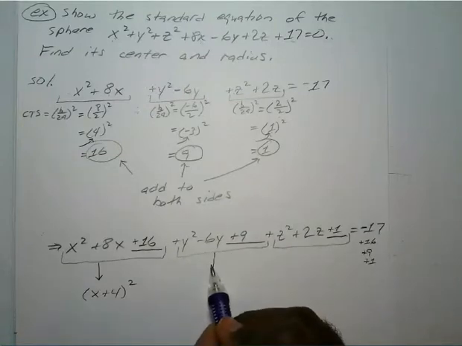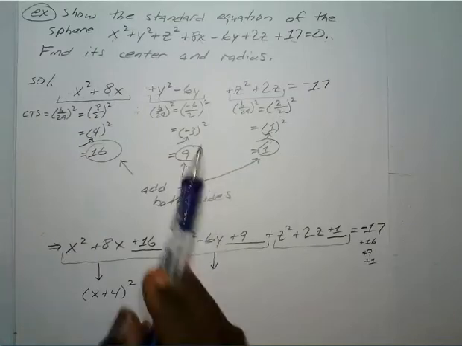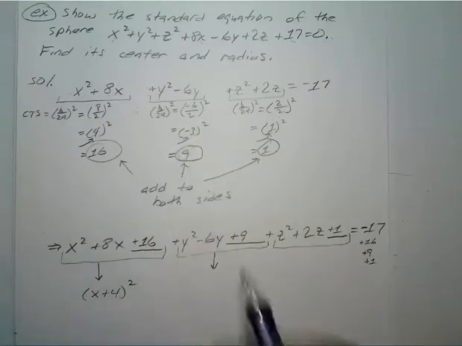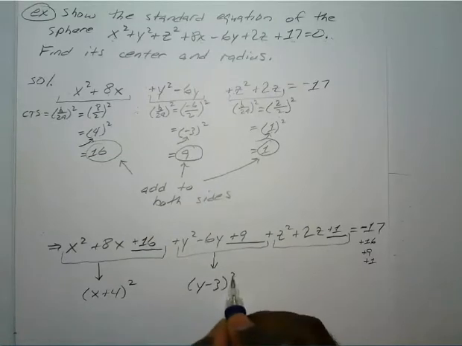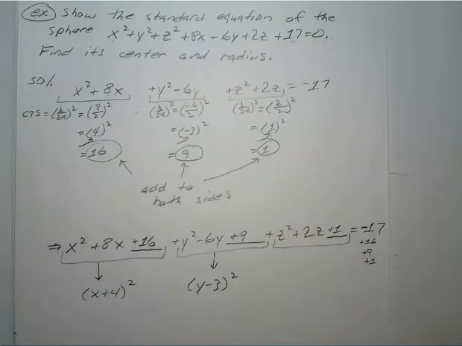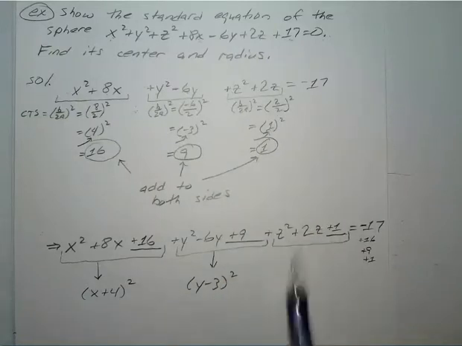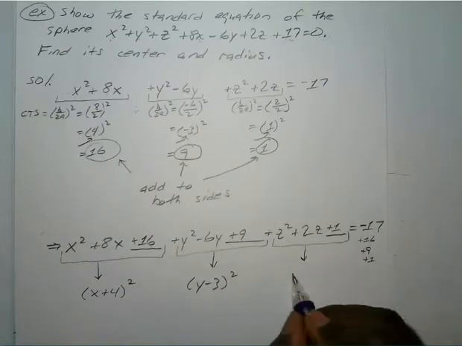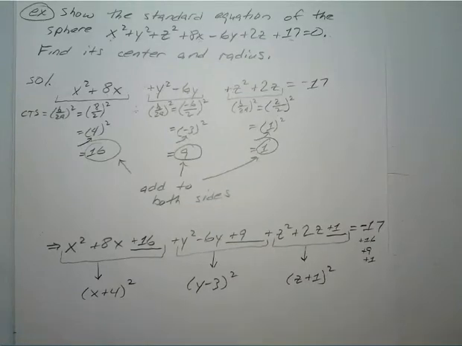Same thing here, the y squared terms, the y terms. Why did I tell you to remember that negative 3? Because these 3 terms simplify to y minus 3 squared. Same thing here. Why did I tell you to remember that 1? Because these 3 terms end up being z plus 1 squared.